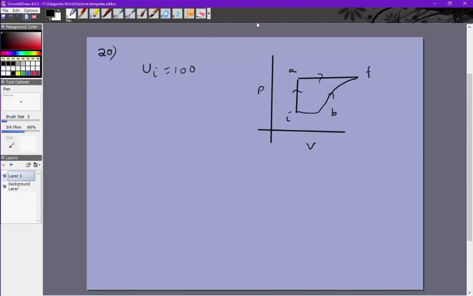and it goes around 2 different paths. WAF is 200, WIB is 50 and WBF is 100. And the heat supplied is QIF, IB and IBF.